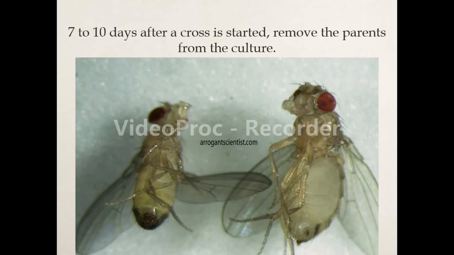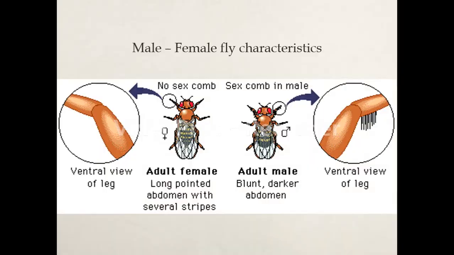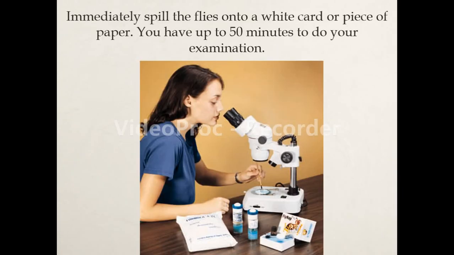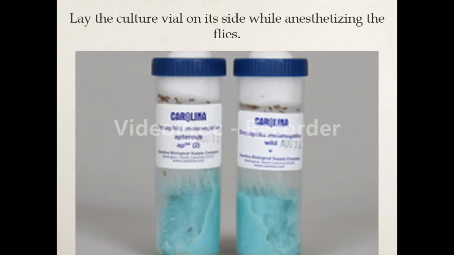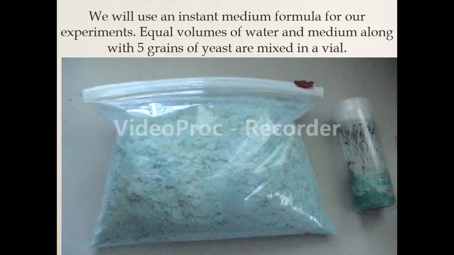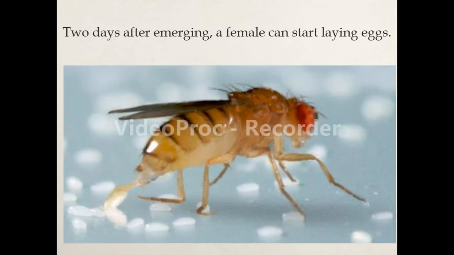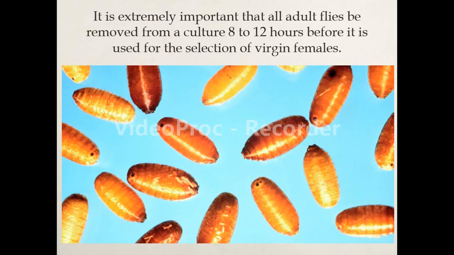That's the end of the lecture, and in this lecture we studied this. After all these steps, you notice that on the 7th to 10th day you are able to study the culture. So these are the basics of studying the Drosophila fly, and I hope you understand.